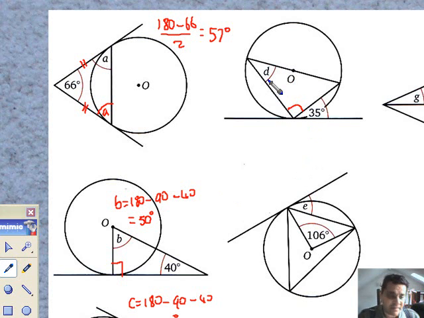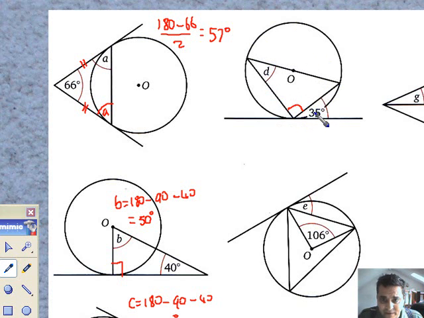The alternate segment theorem, and I'll read it out to you, states this. Once you've seen it, it's really easy. So let me state it. The alternate segment theorem says that the angle between the tangent, that one, and the chord, that one, is the same as the angle in the alternate segment. So if you can imagine this little piece here being a segment, the rest of this circle here is the other segment, the alternate segment.